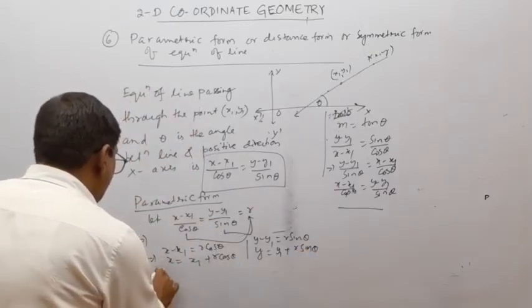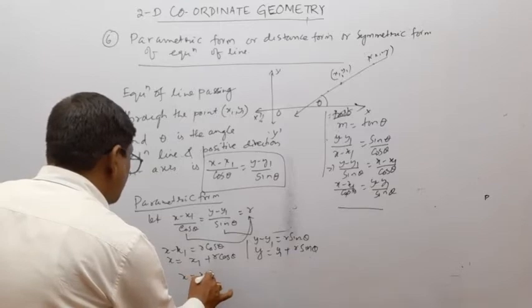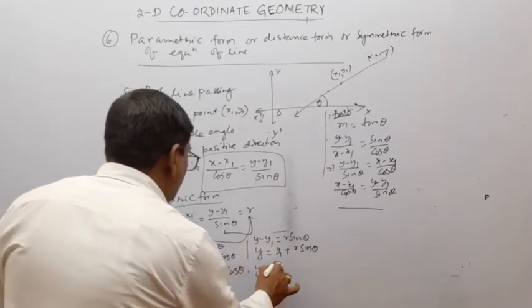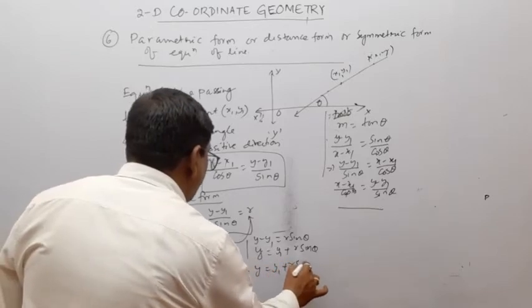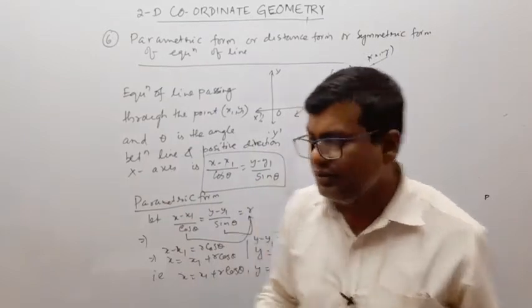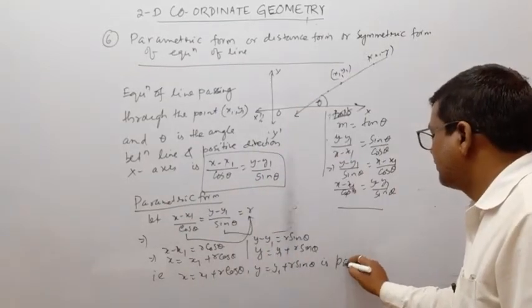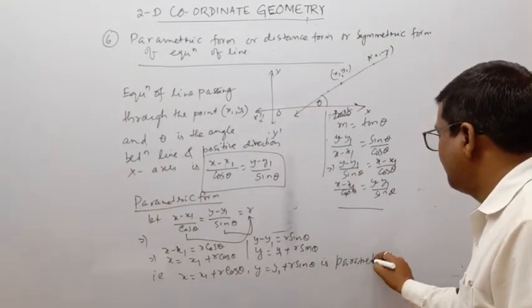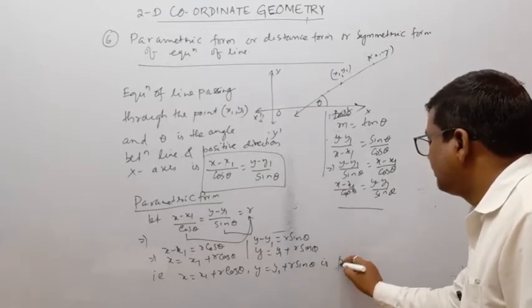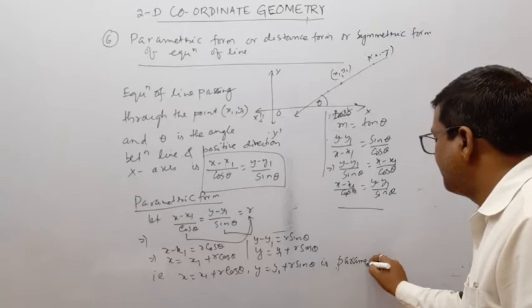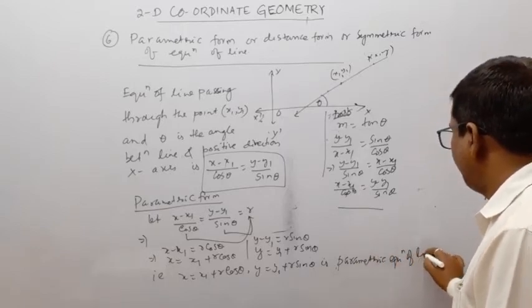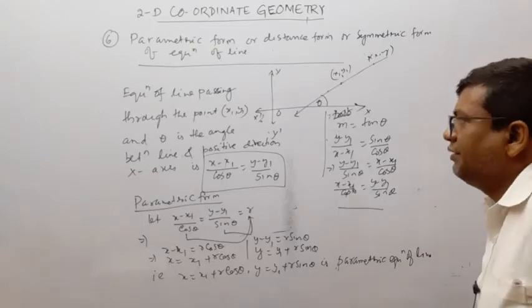That is, x is equal to x1 plus r cos theta, comma y is equal to y1 plus r sin theta, is the parametric equation of the line.